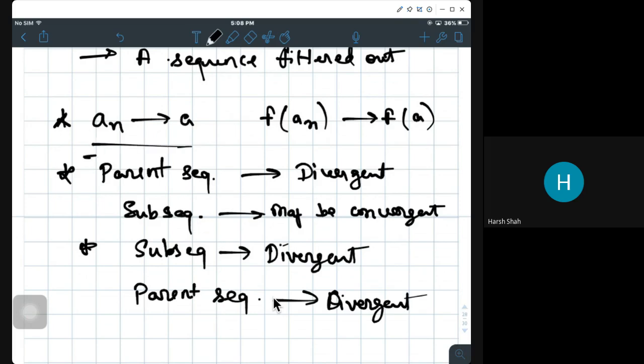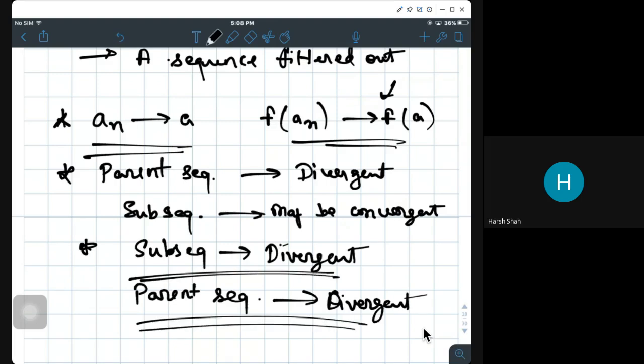First thing is, if you have a limit for the parent, you have the limit for the child. Second, if you do not have a limit for the parent, you may or may not have a limit for the child. And if you don't have a limit for the child, you don't have the limit for the parent.